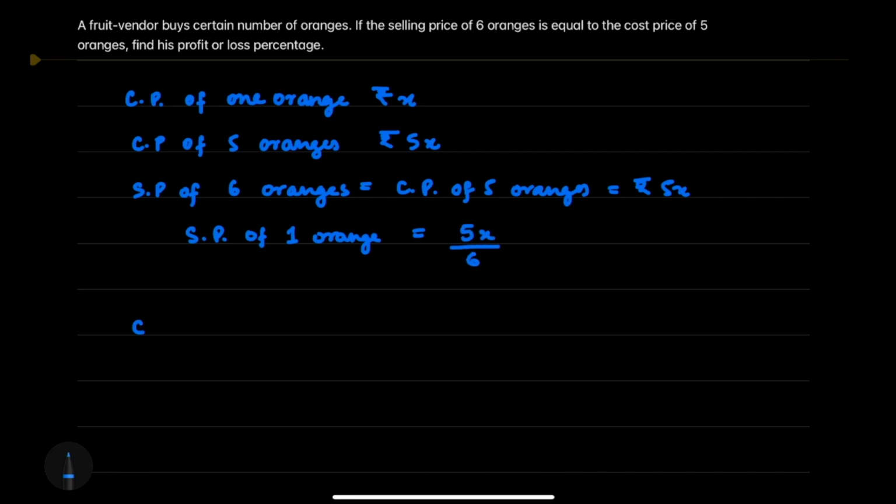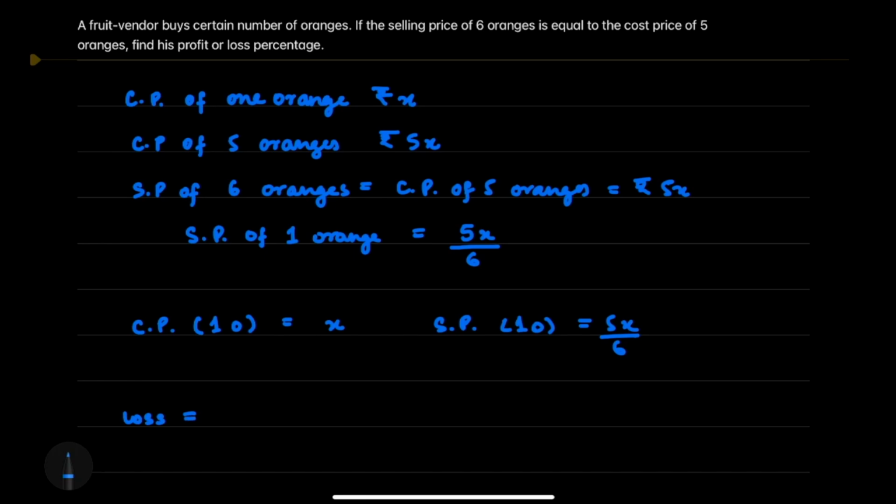So now we know the cost price of 1 orange is x, and the selling price of 1 orange is 5x by 6. So as 5x by 6 is lesser than x, therefore the seller is incurring a loss.